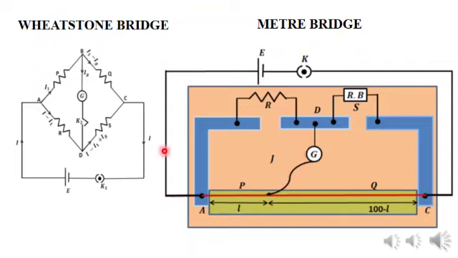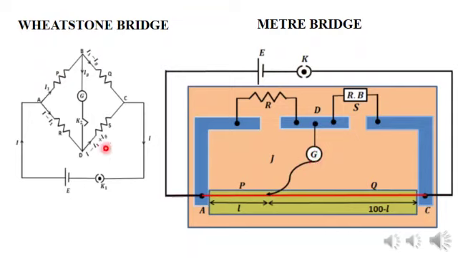Again, in Wheatstone bridge, the resistance Q, its one side is connected to the negative terminal of the cell through a key, and the other side is connected to the galvanometer. Similarly, in meter bridge, one side of the resistance Q is connected to the negative terminal of the cell, and the other side is connected to the galvanometer.